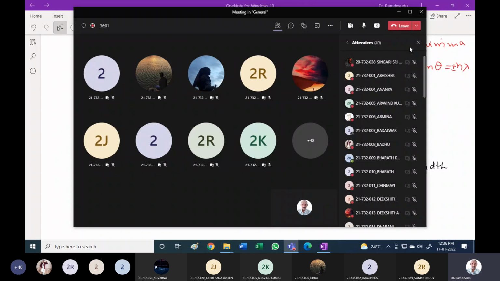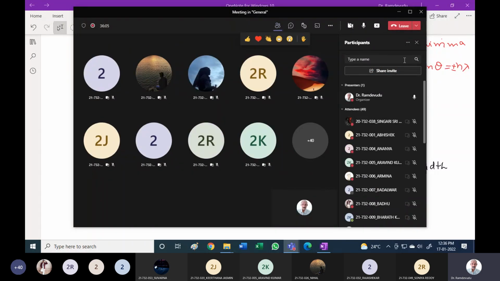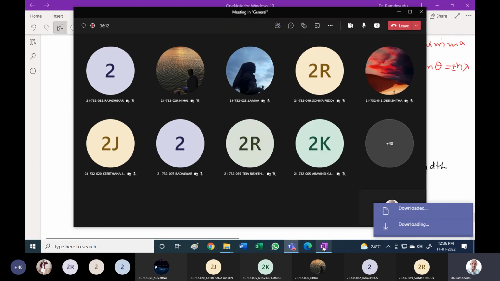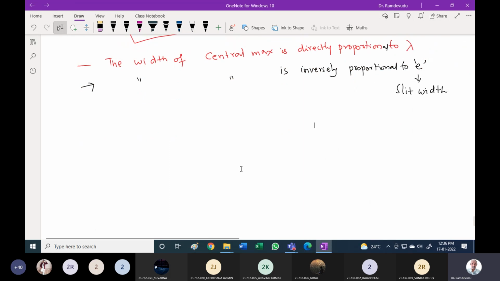Now here, only one slit we have taken. What happens if I take two slits? That is called the double slit experiment.